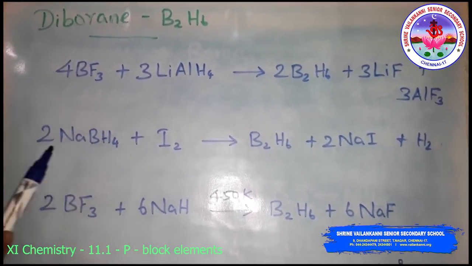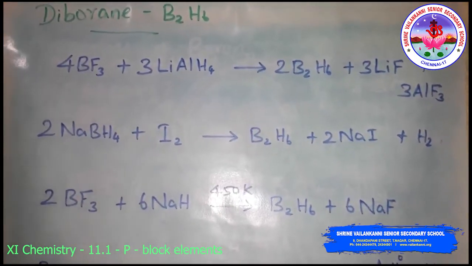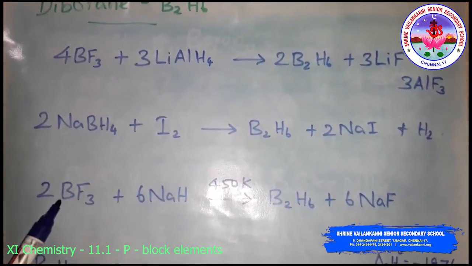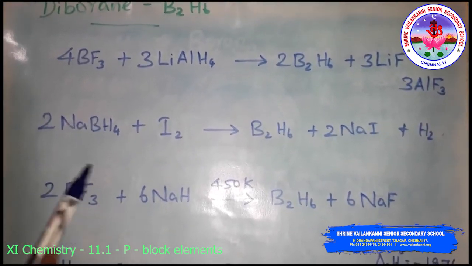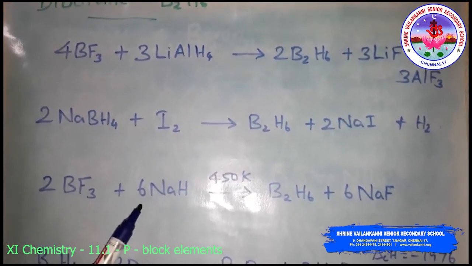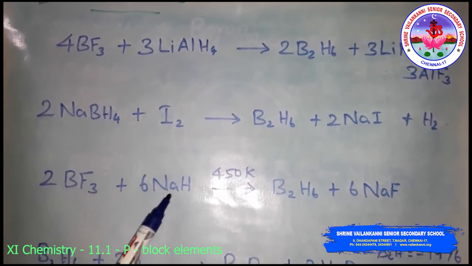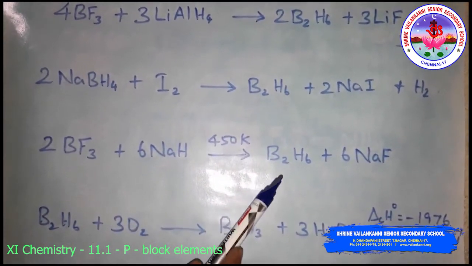So this is the reaction, sodium borohydride with iodine to form diborane. Then diborane is produced on the industrial scale by the reaction of boron trifluoride with sodium hydride. The sodium hydride on heating at 450 Kelvin, you will get diborane.